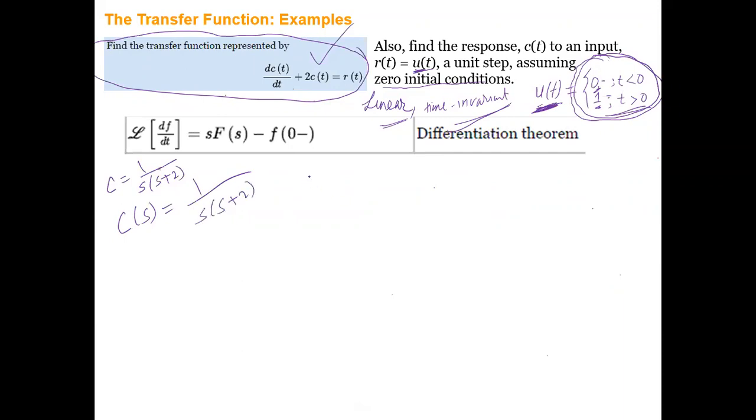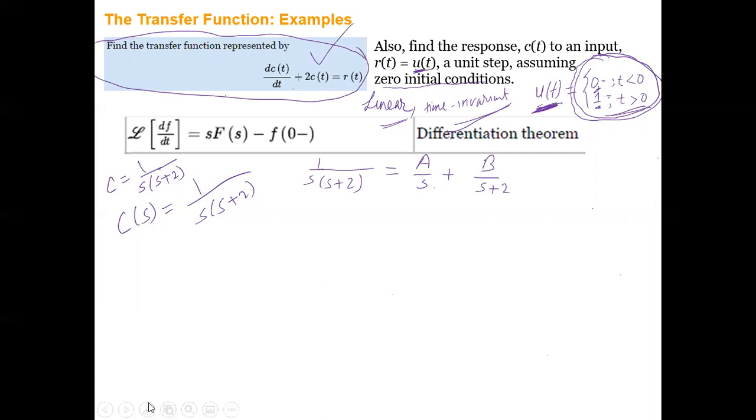So let's find the partial fraction of this. What are the factors of 1 over s(s plus 2)? Did we do that before? I think we did something similar, but not exactly, so I'll do it again. The partial fraction is A over s plus B over s plus 2, right?